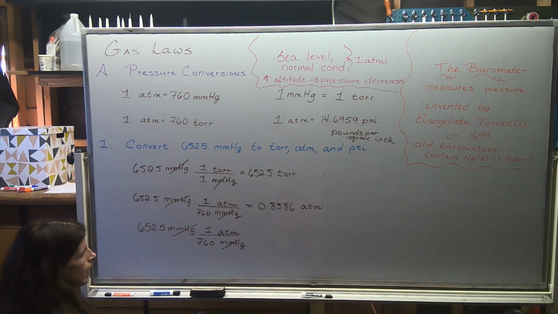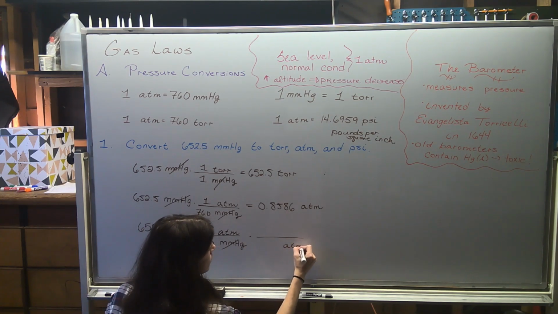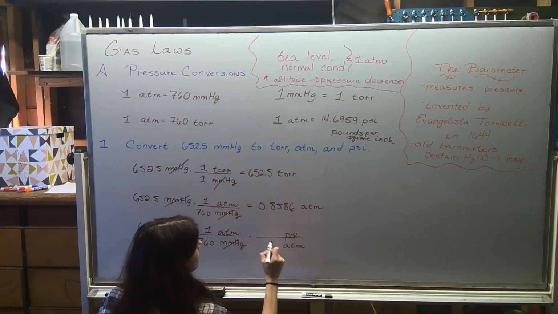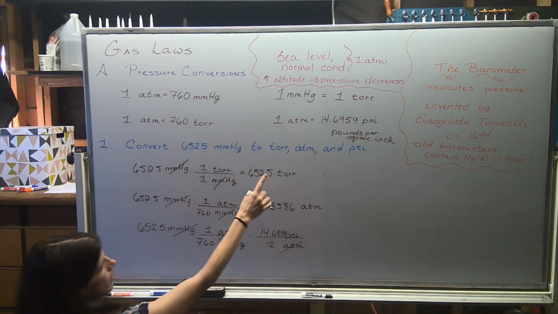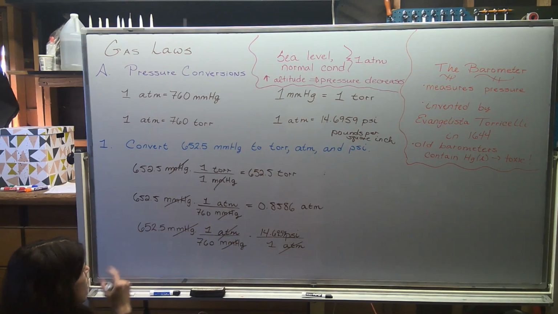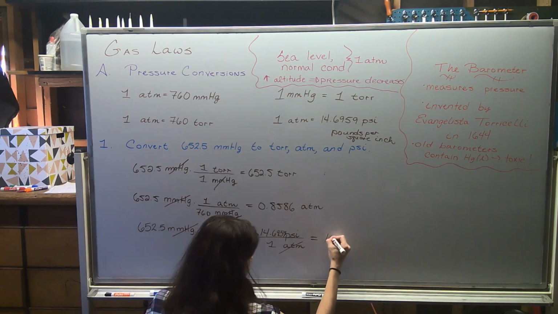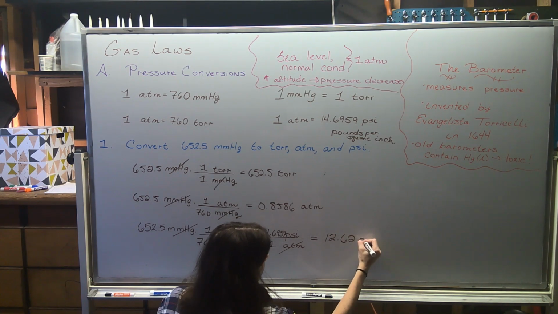And then I can go from atmospheres to PSIs. One atmosphere has 14.6959 PSI. So I grab the number from up there. 4 sig figs. So I'm going to report this as 12.62 PSI.